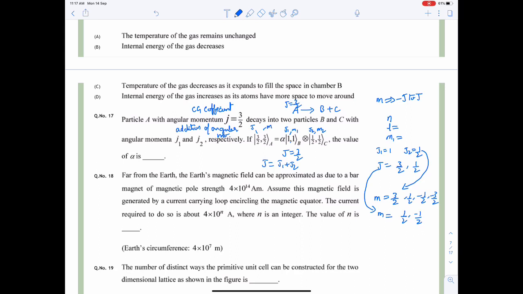So now what you have to do for the solution, now you know J is equal to J1 plus J2 and M is equal to M1 plus M2. So we have given A decays to B plus C. So now how can you guess what is alpha? What is the meaning of alpha here?